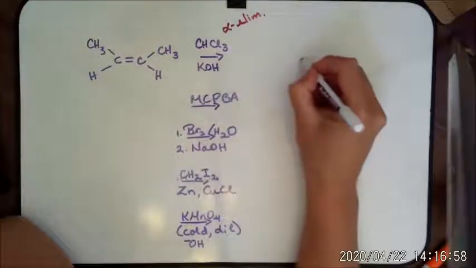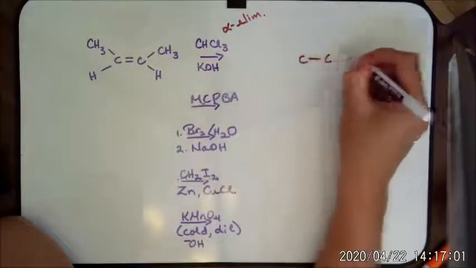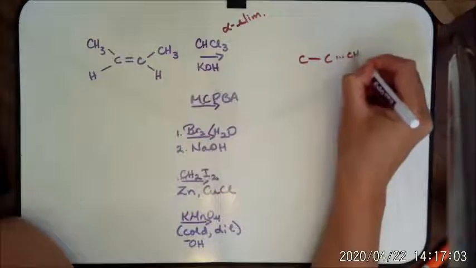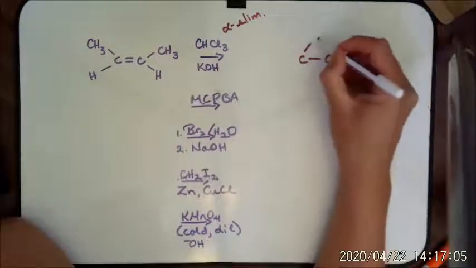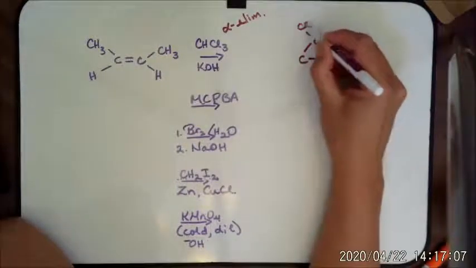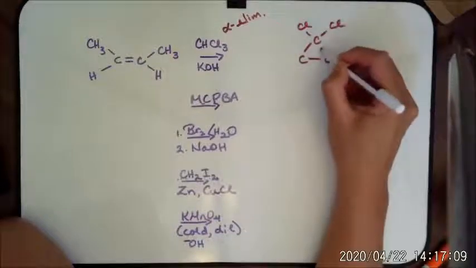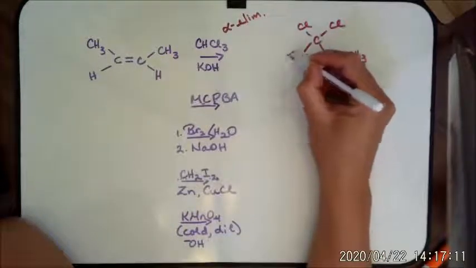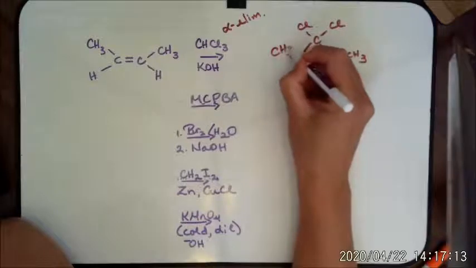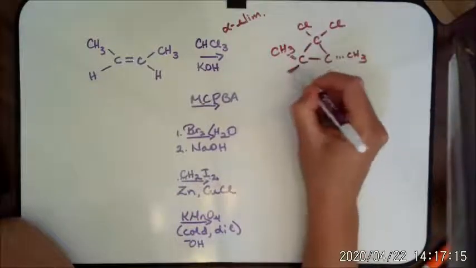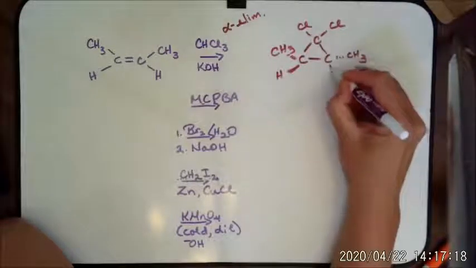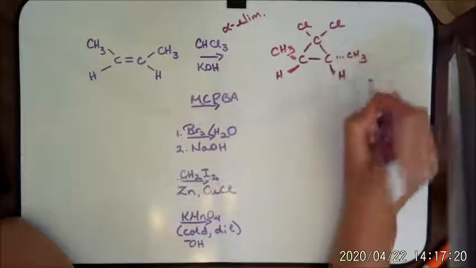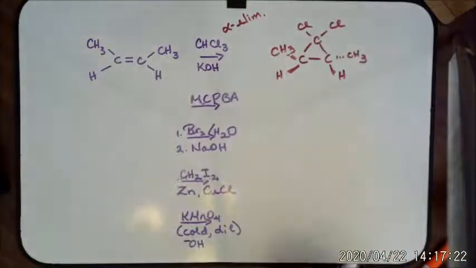So we're going to form a carbene. And because this is a meso compound, we don't form any enantiomer. That's all we're going to form.